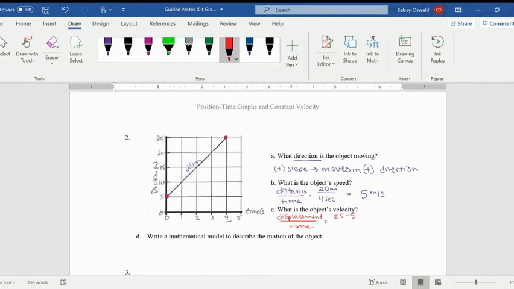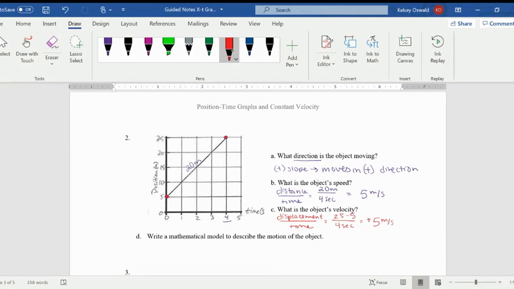Okay, that'll tell us our displacement. How far did we end compared to where we started? And then again, that occurred over an interval of 4 seconds, so we divide that by 4. And in this case, we're again going to find that our velocity is 5 meters per second, but we're going to say that that's a positive 5 because for velocity we want to include sign.